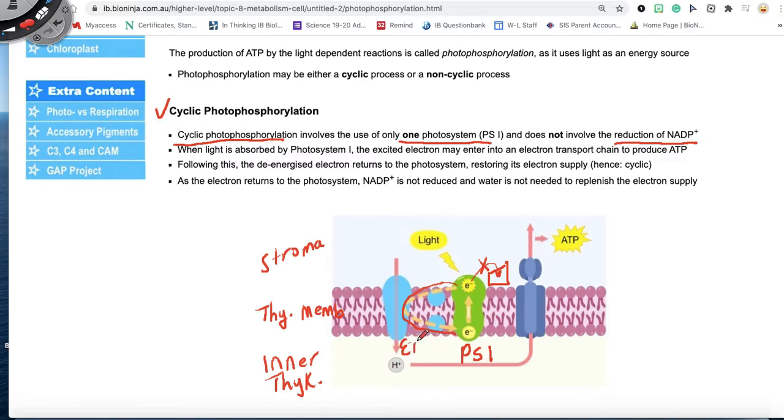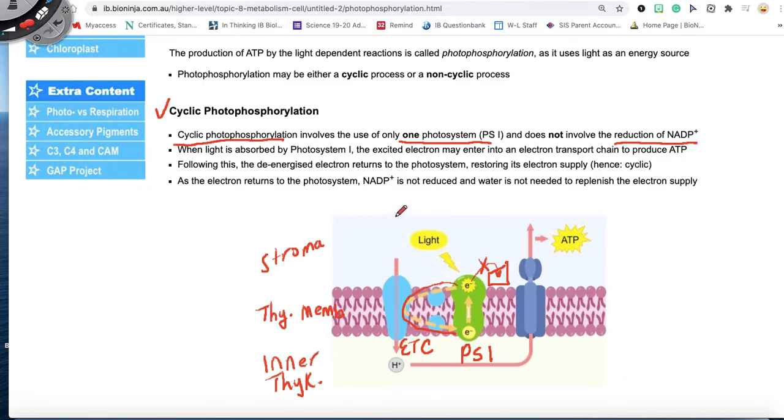So this right here is the electron transfer chain. So what is happening when this electron moves along this electron transfer chain, between the photosystem and this transmembrane protein?